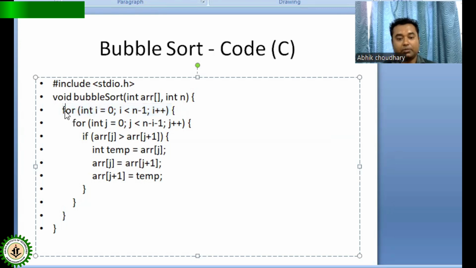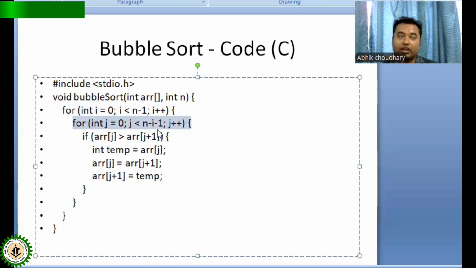This is for passes, and in that loop there will be one inner loop, where j is set to 0 and goes until n minus i minus 1. Why is i there?